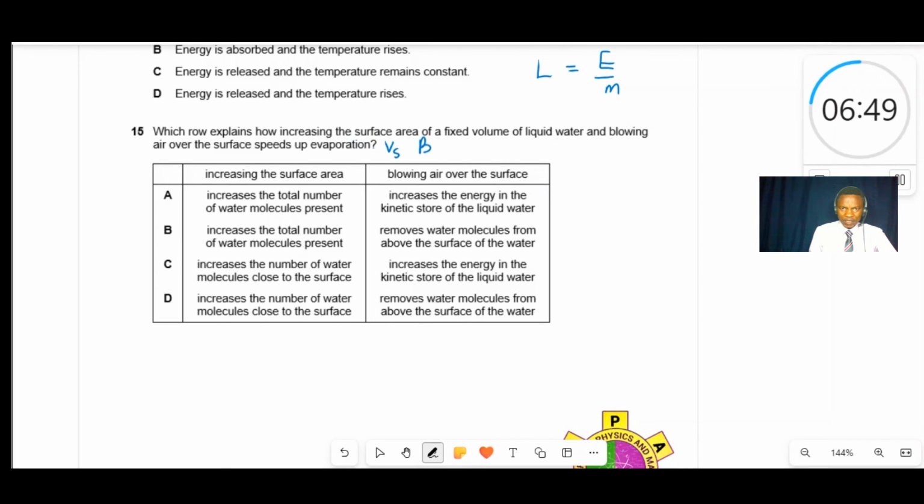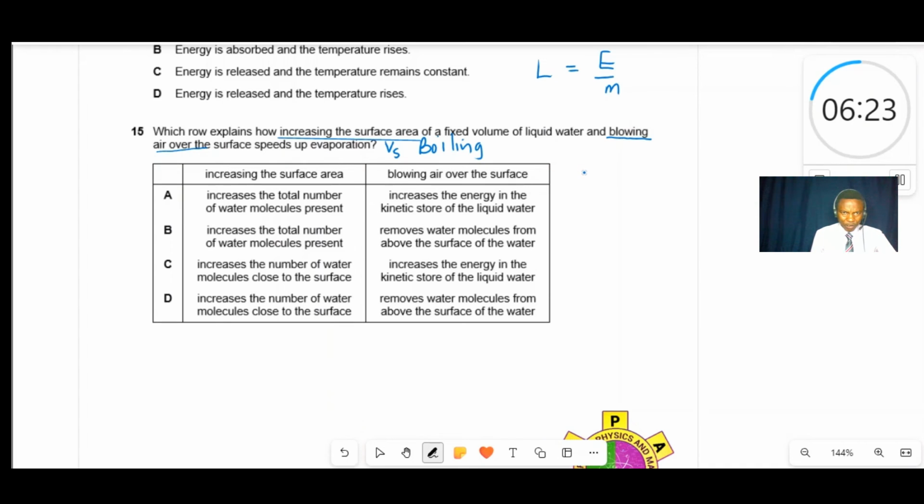Okay, so if you look at it, what's going to happen? Increasing the surface area, and then blowing air over it, that is a draft. So both of them will speed up the rate of evaporation.